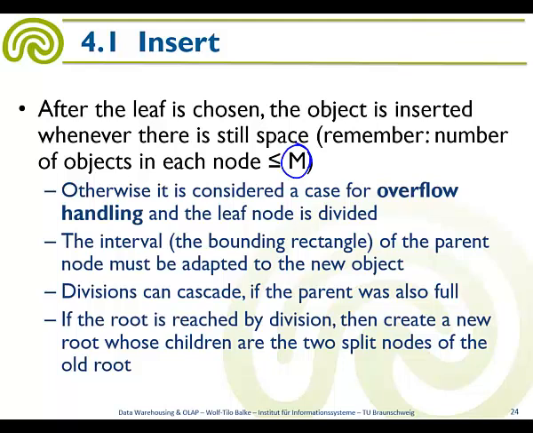If there is still space and you haven't reached the upper bound of 4 objects, 5 objects, whatever the number is, then you can easily insert the object within the leaf node and you're done. Good? If not, then you have to handle that.